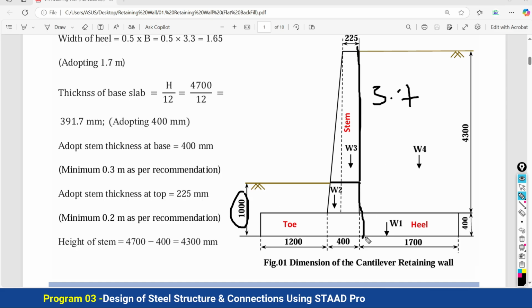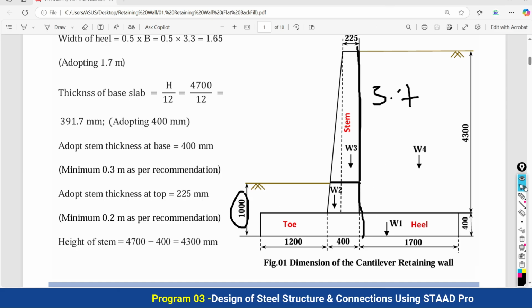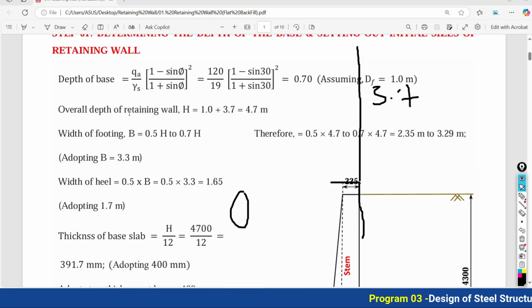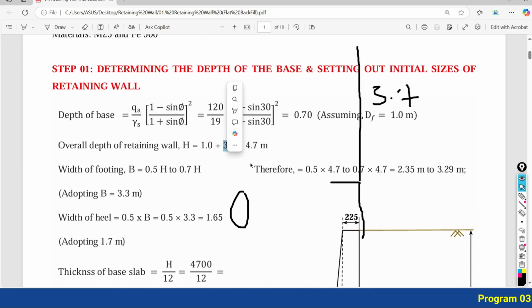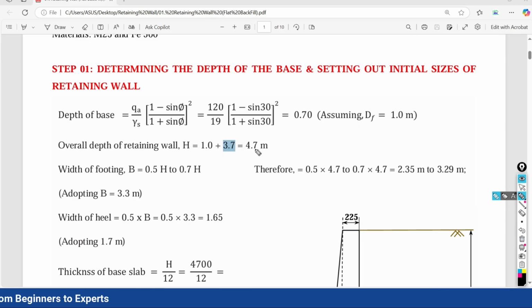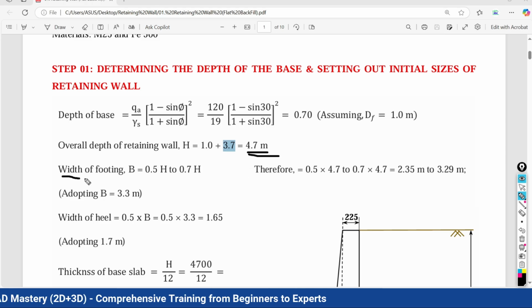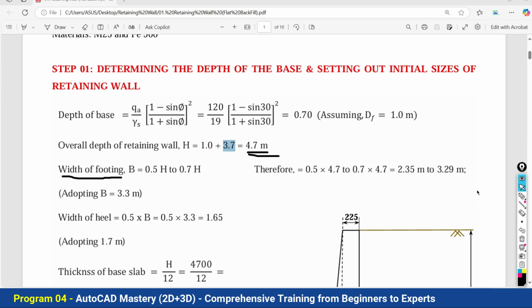So the total height of the retaining wall, including this depth, is 1 plus 3.7. Finally the overall height of the retaining wall is 4.7 meter.